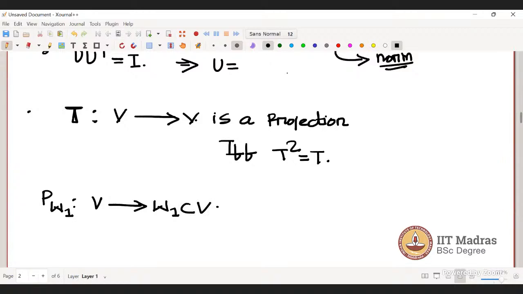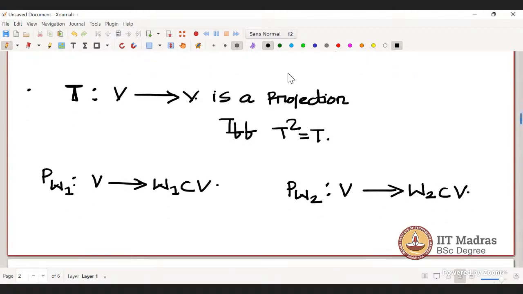I'm taking just two different codes only. More or less the maps are the same, and it's given that P of W2 is also a projection.